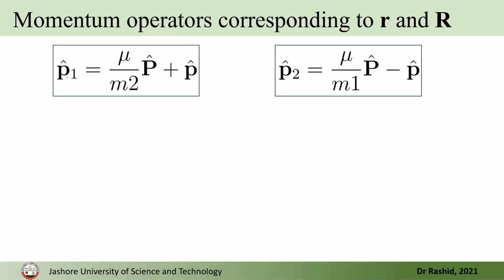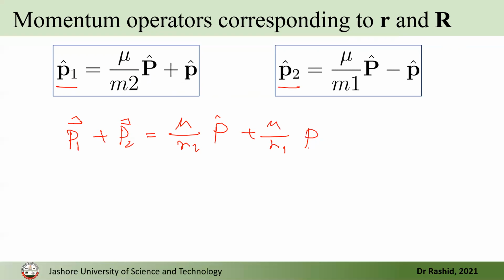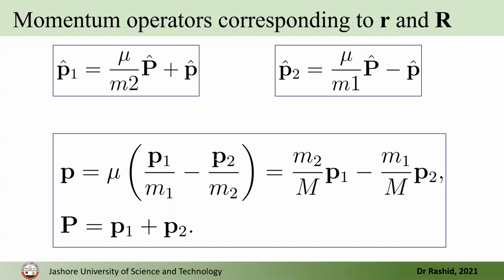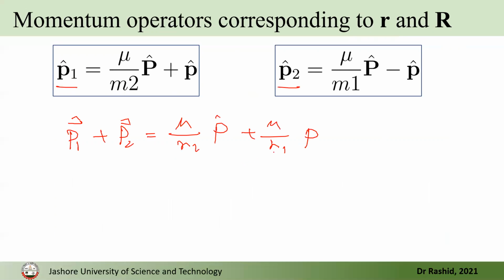If we add them, we have P1 hat plus P2 hat equal to mu by M2 capital P hat plus mu by M1 capital P. Now, if we take mu out, we have here 1 by M2 plus 1 by M1, we take capital P out, and this is nothing but 1 by mu.